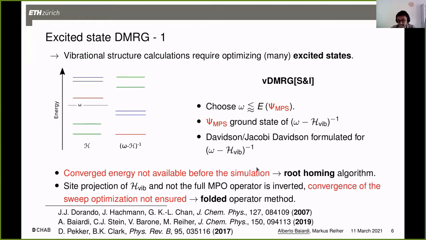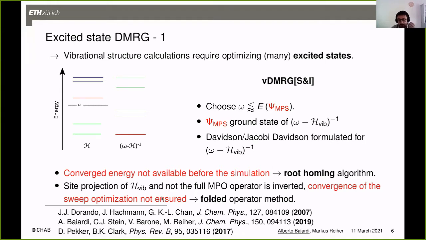And second of all, what we are doing is projecting the eigenvalue equation onto a given site and then shifting and inverting it. But it would be better, to ensure variationality, to do those two things in reverse order. So map the MPO before projecting it onto the given site problem.